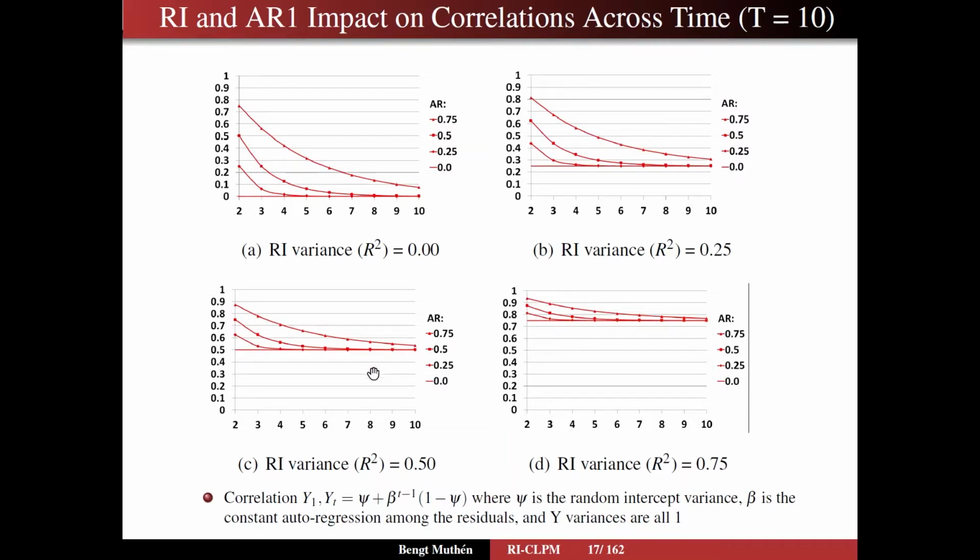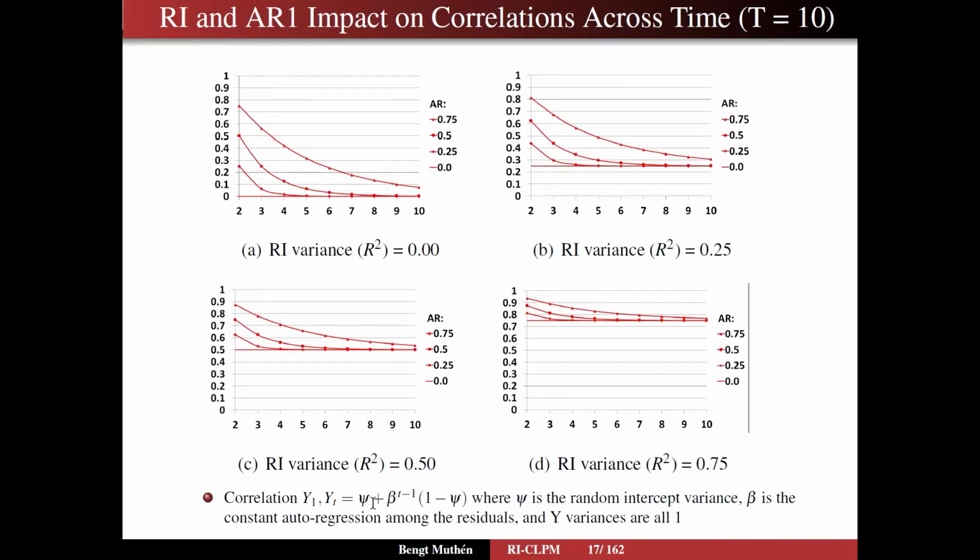And actually this follows a simple formula for the correlations using psi as the random intercept variance and beta as the autoregressive coefficient. If you look at time point 2, the correlation between y1 and y2, then you have beta to the power of 2 minus 1, so that's beta itself.